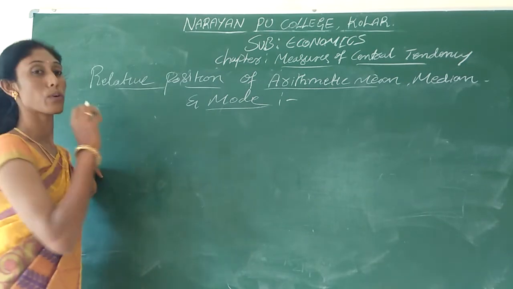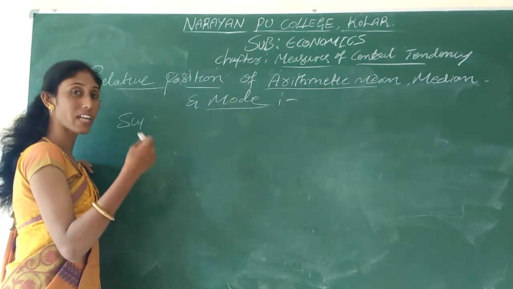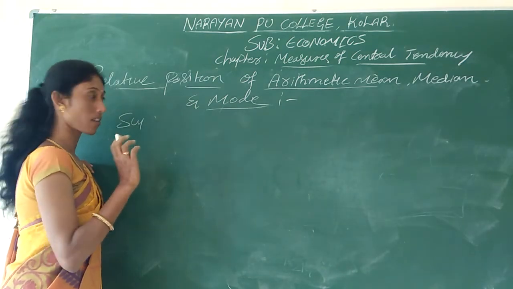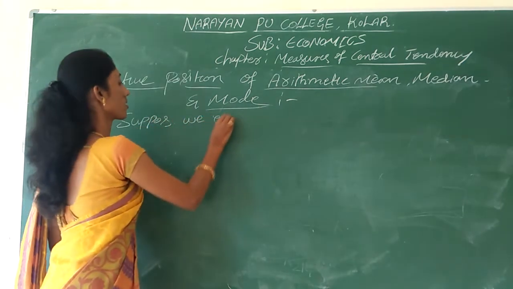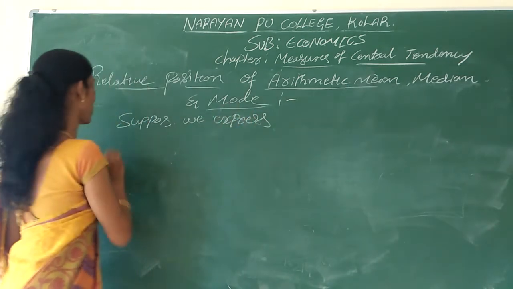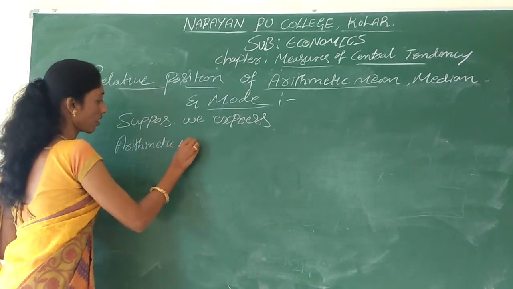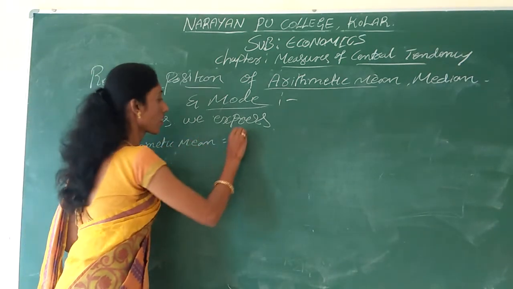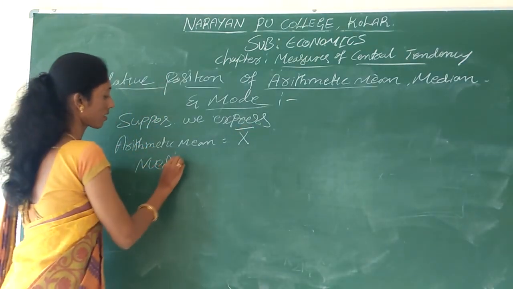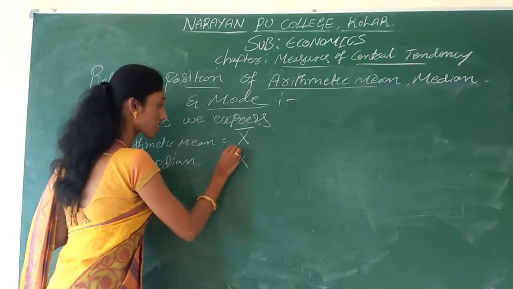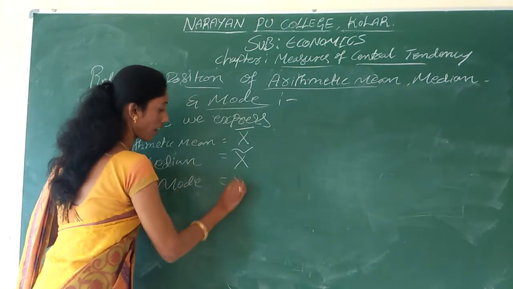This is how. Now, we can express mean, median, and mode with different symbols. Suppose we express arithmetic mean in the form of x bar, median as x lambda, and mode as x hat.